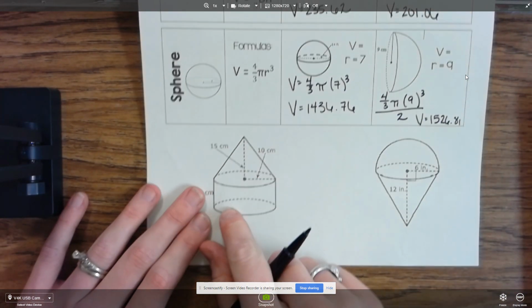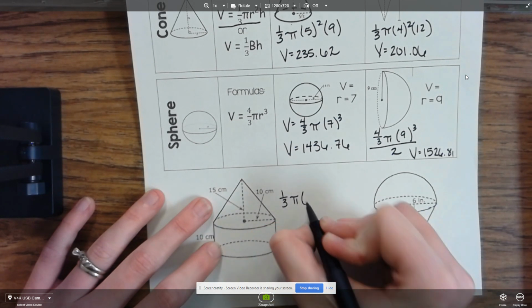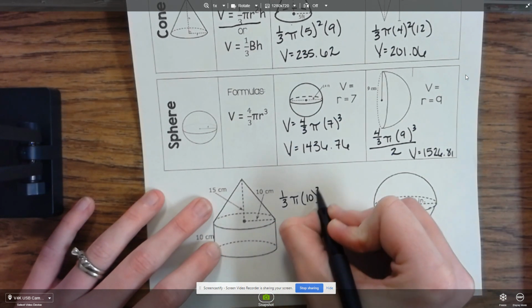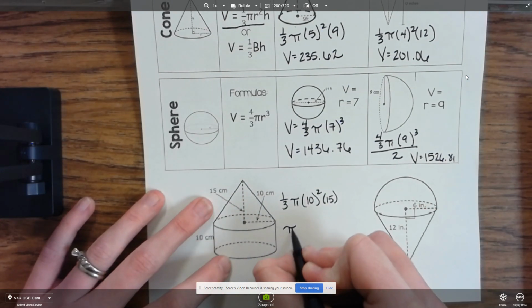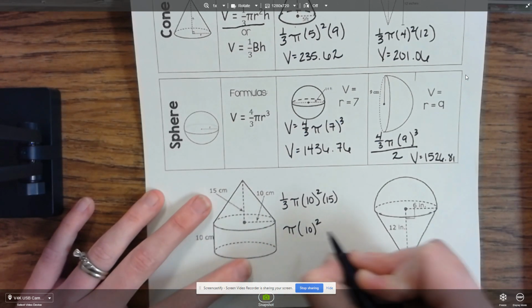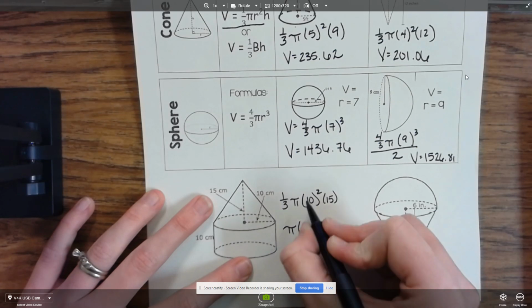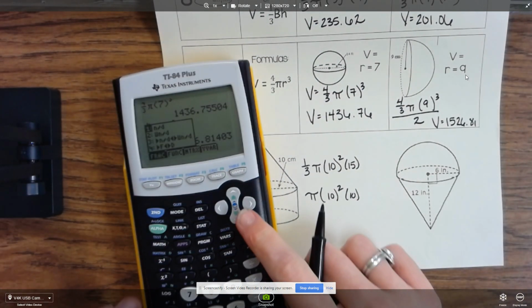So down here at the bottom, we have composite figures. So here I've got a cone and a cylinder. So the cone is going to be 1/3 pi, the radius is 10, the height is 15. And then the cylinder is just going to be pi, the radius is 10 again, but this time the height is 10. So again, there's 2 ways. You can do them both separately and then add them, or you can do them all at once.